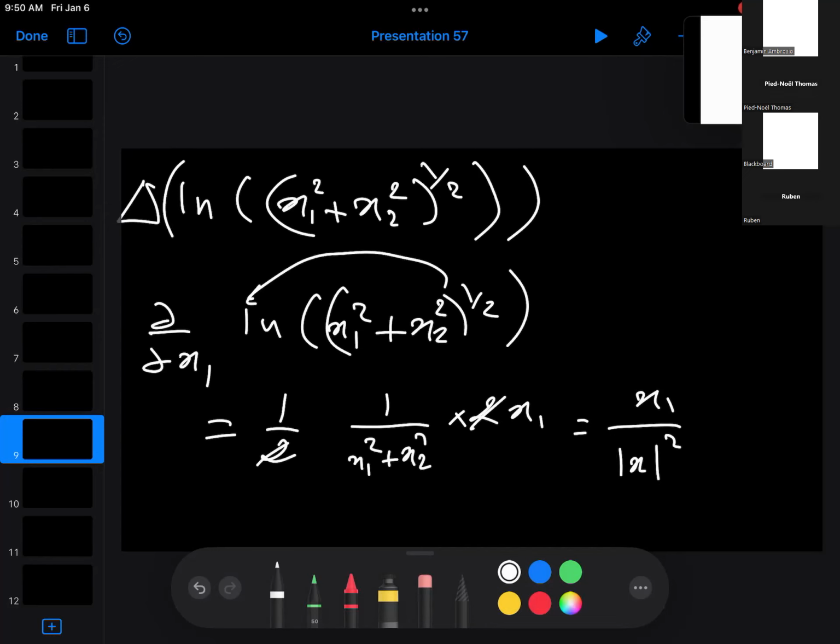All right, but I want the second order derivative, so I derive again.